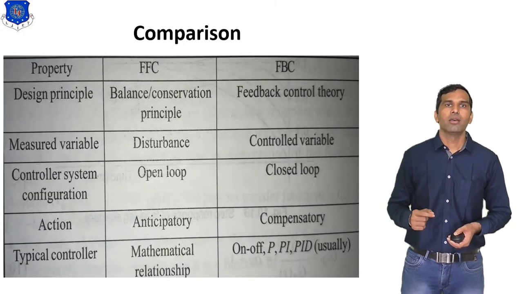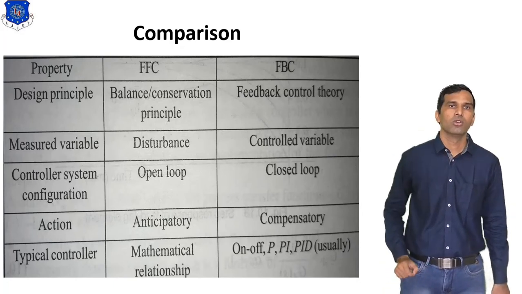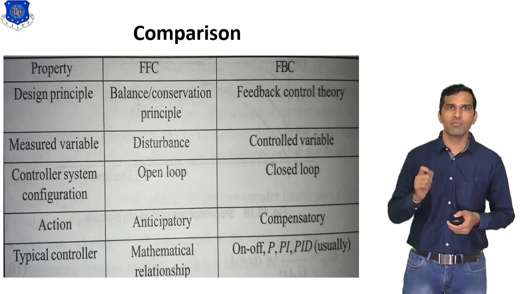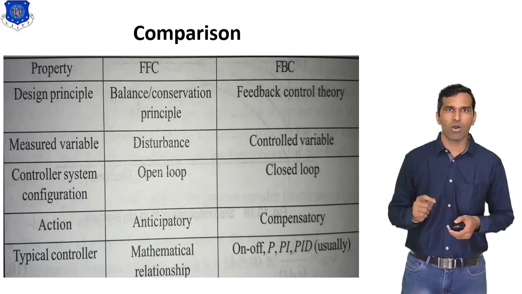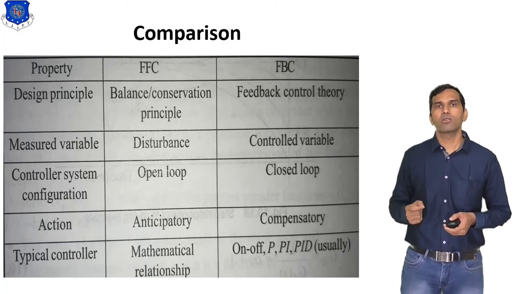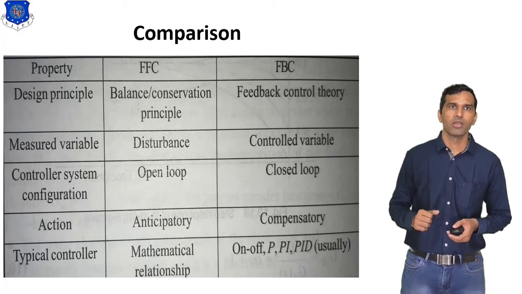Now we compare two control systems, the feed-forward control system and the feedback control system. The first property is the design principle. The feed-forward control design is based on the balance or conservation principle, whereas the feedback control system uses the feedback control theory principle.